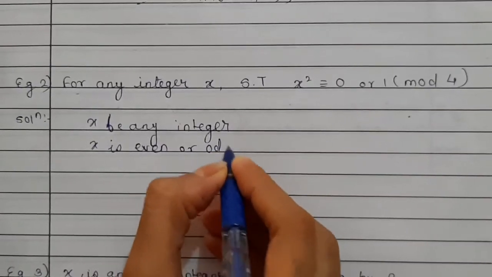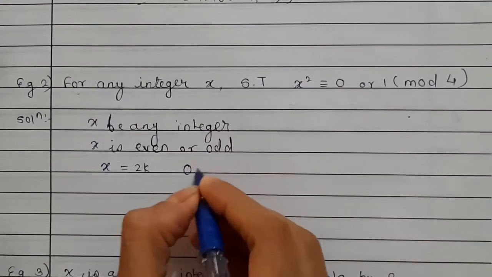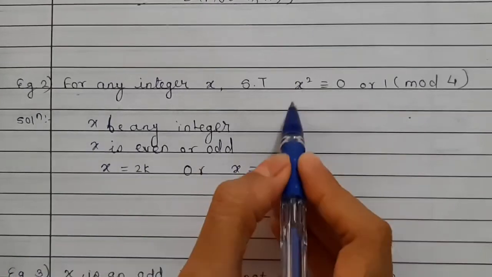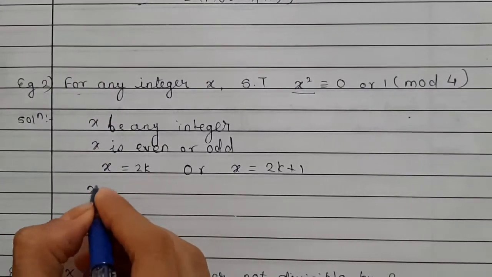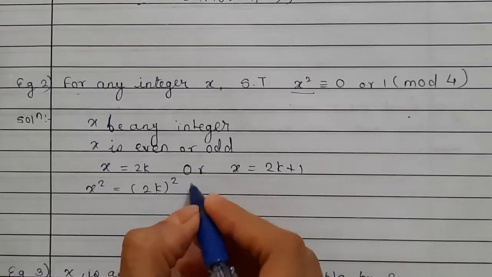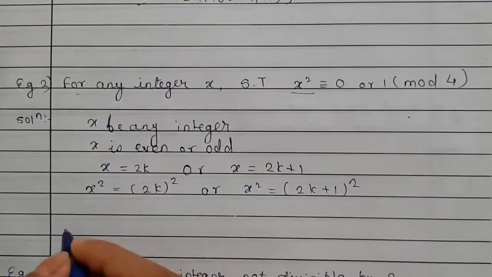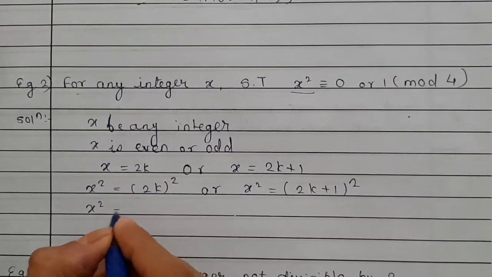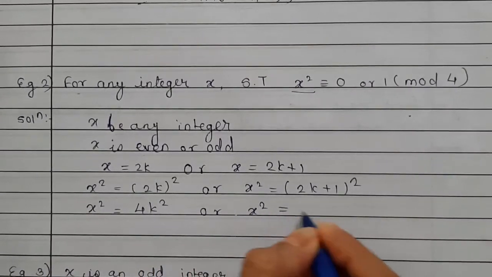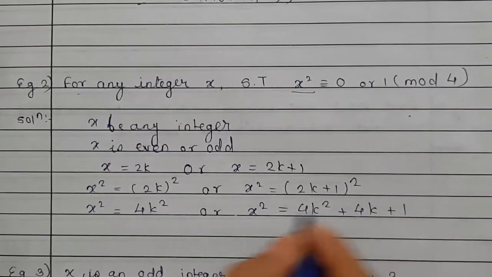If it is even, then it is of the form 2k, or if it is odd, then it is of the form 2k plus 1. Now here we have a square, so we take the square of this. x square is equal to (2k) square, or x square is equal to (2k plus 1) square. So x square is equal to 4k square, or x square is equal to 4k square plus 4k plus 1.